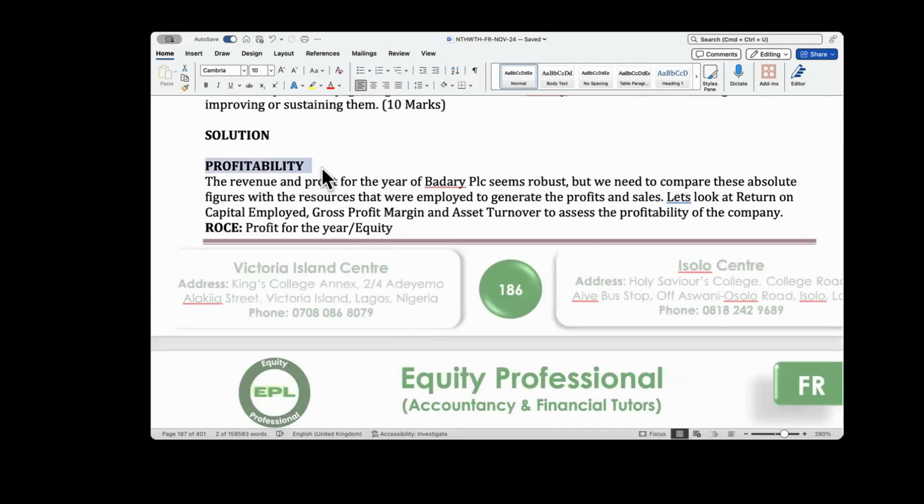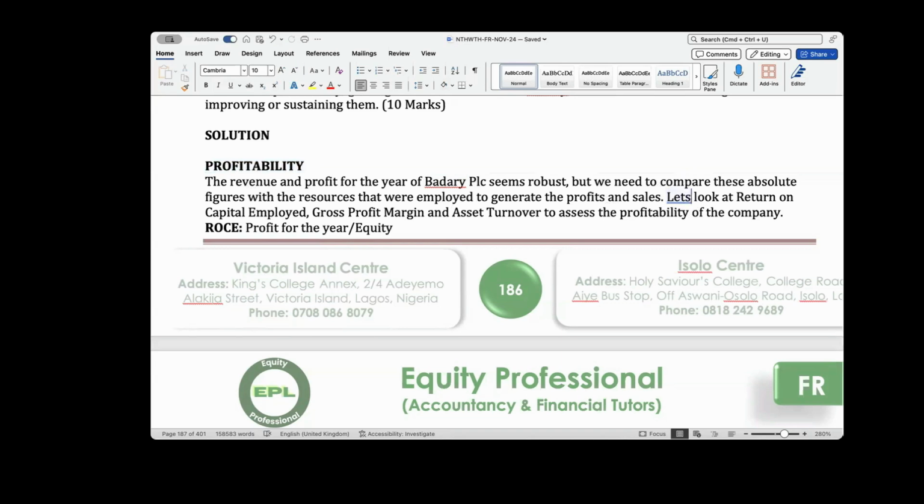I started with profitability, and I told the examiner that the revenue and profit for the year of Badari PLC seems robust, but we need to compare these absolute figures with the resources that were employed to generate the profits and the sales.